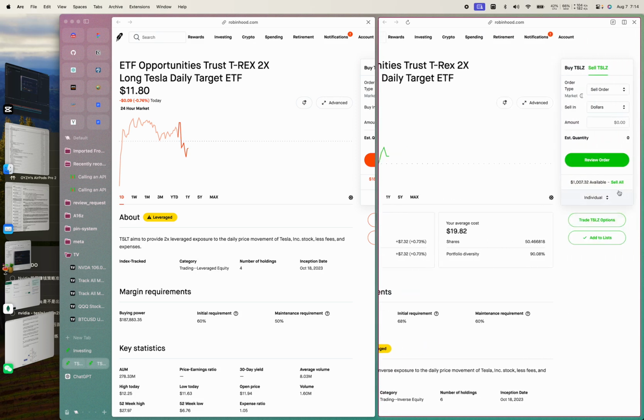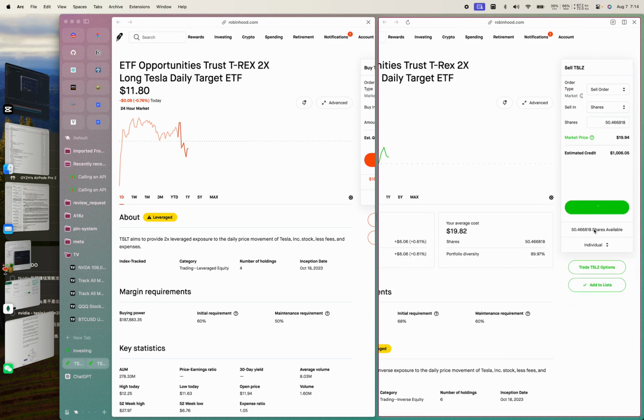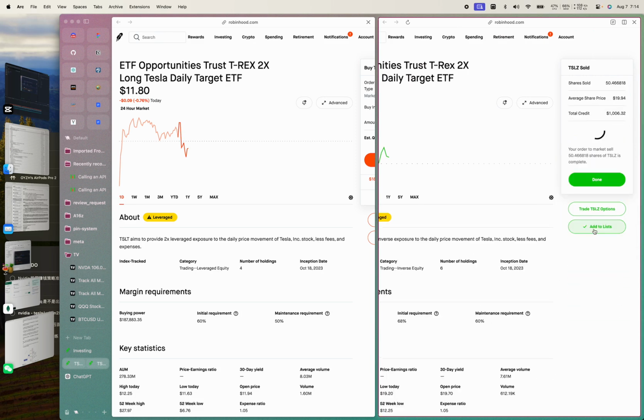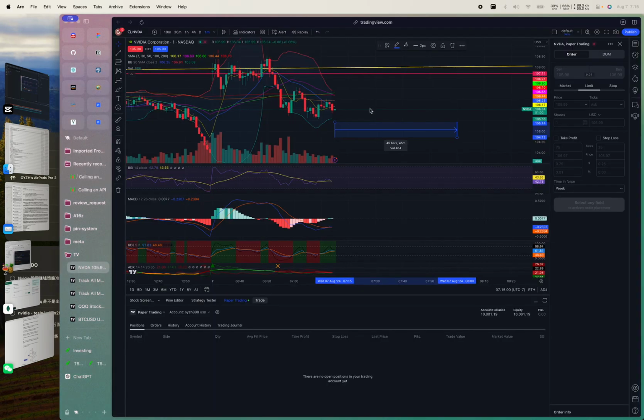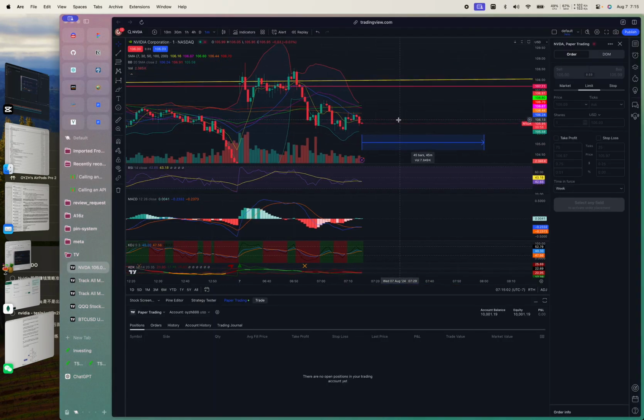We didn't hold this stock for a long time, but we have to be able to capture this very small fluctuation using technical analysis. So I will do the same on NVIDIA. The algorithm here is we also need to know the pressure line and the support line.